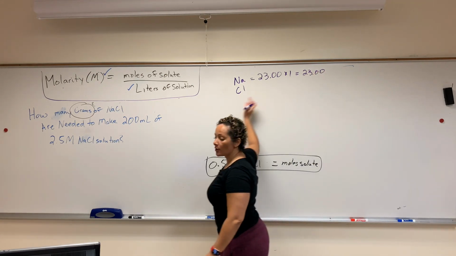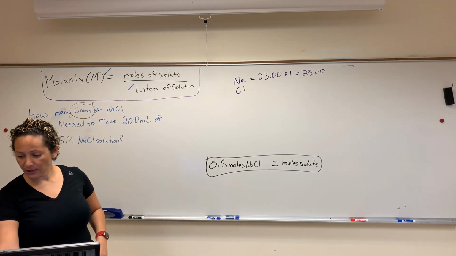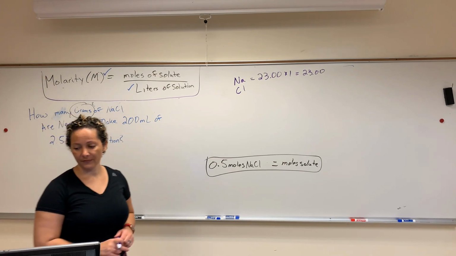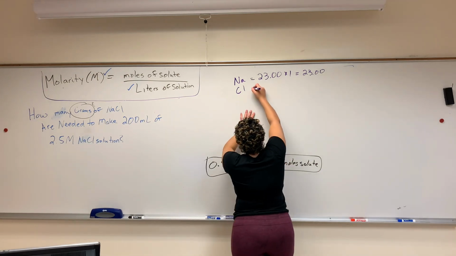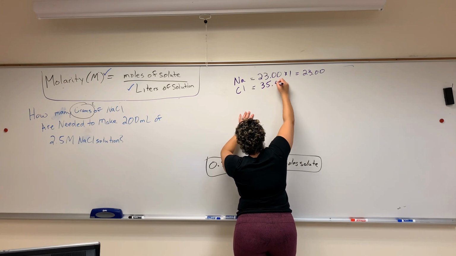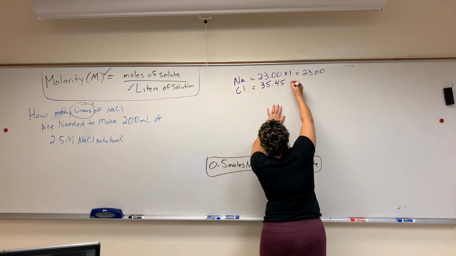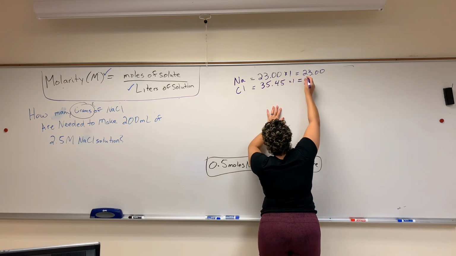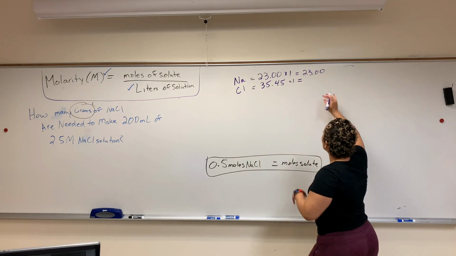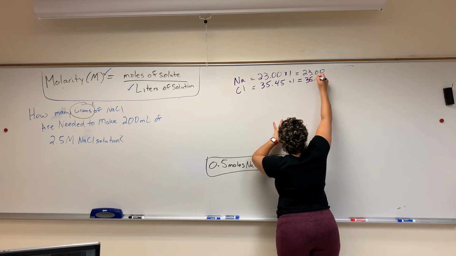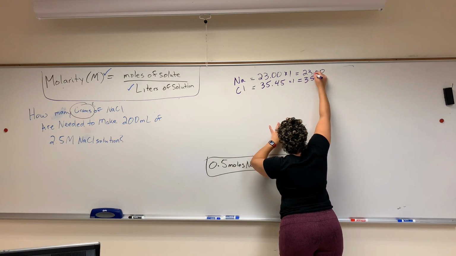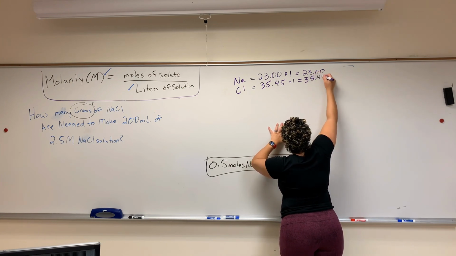There's only 1 atom of chloride. Chlorine should be 35.45. It's number 17. There's only 1 atom. I know I should be using brackets. Yeah, I still have bad habits. 35.45.